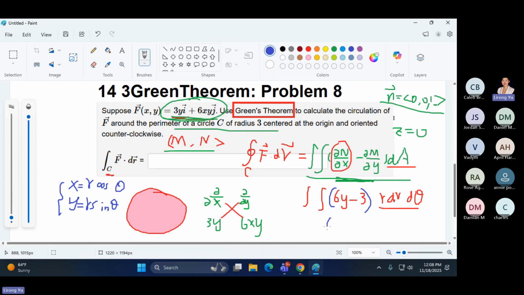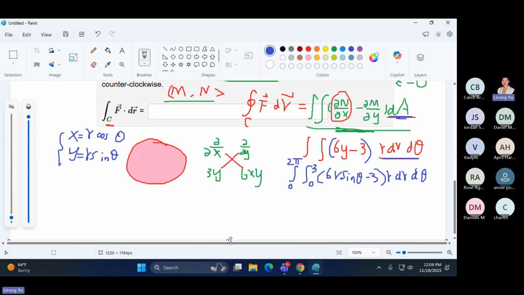So the integrand will be (6 r sine theta minus 3) times r dr d theta. The original dA is dx dy, but with r dr d theta, r goes from 0 to 3 and theta goes from 0 to 2 pi. So that is how we set up the double integral in polar coordinates for question number 8.